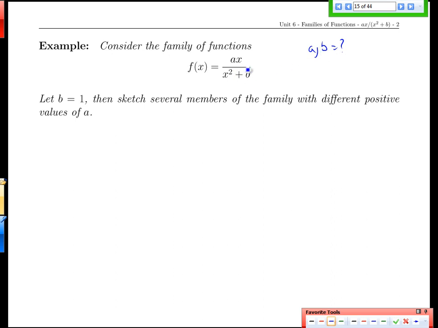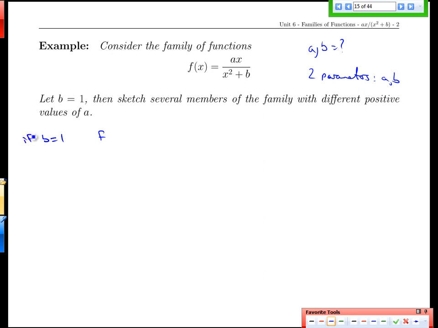Then the question becomes, well, these graphs will all look similar. What will they have in common, and what will they have as differences? Let's take an example. We have two parameters here, a and b. One of the simplest ways to get started on a question like this is to get rid of one of them, to pick a value for one and just see what changing this value does if b stays constant. All right.